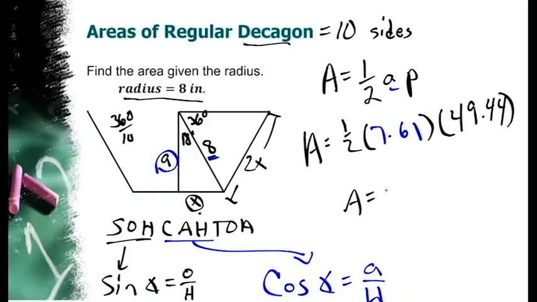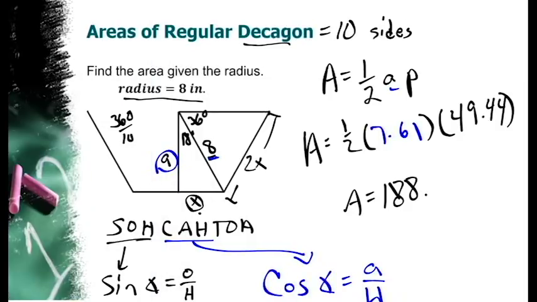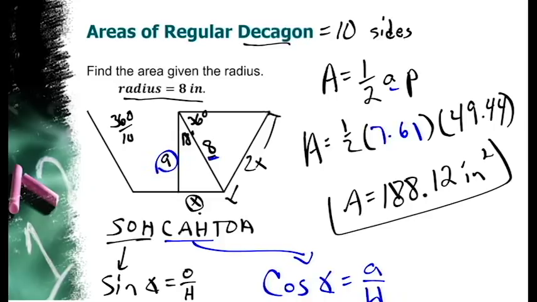That gives us an area of 188.12 square inches. And that would be our answer for the area of this regular decagon with a radius of 8.